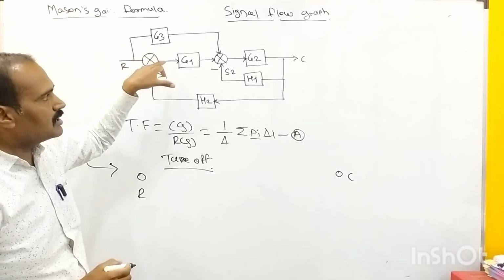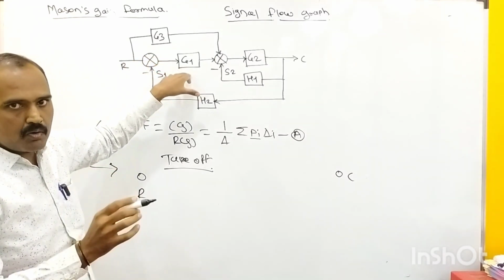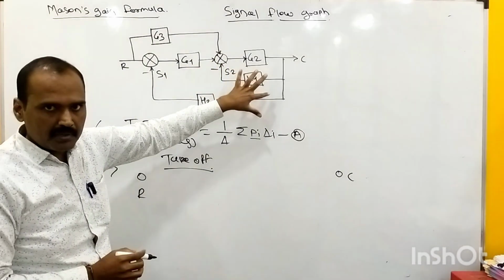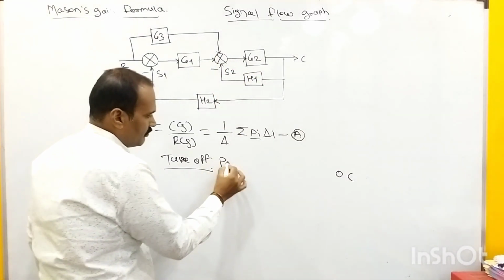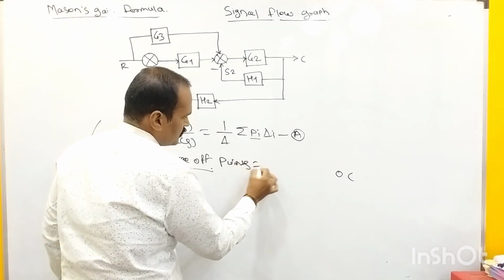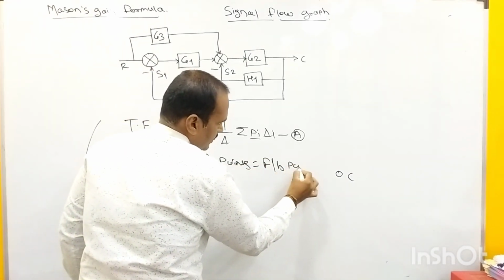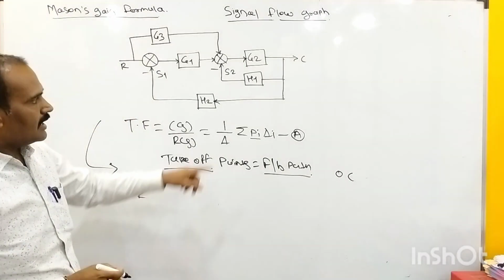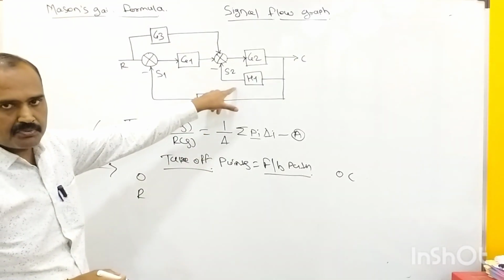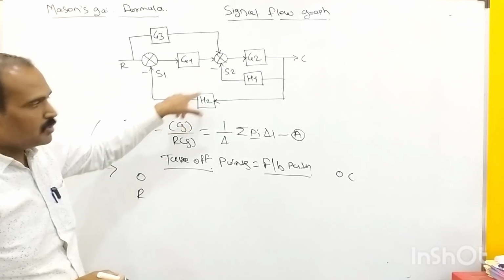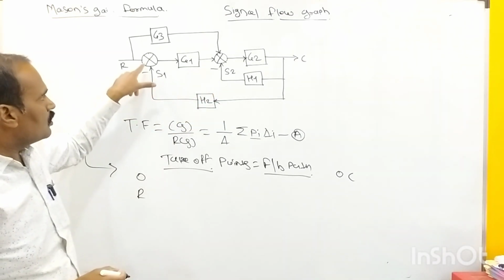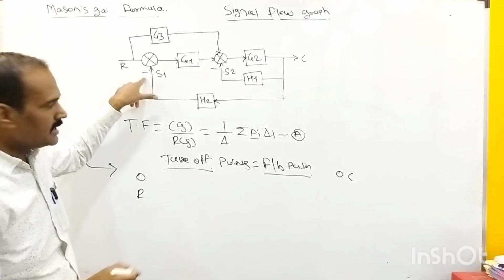Usually the number of takeoff points equals the number of feedback paths. Here we have two feedback factors, H1 and H2. Both are negative feedback, because at the lower end of the two summing points we have the negative sign.